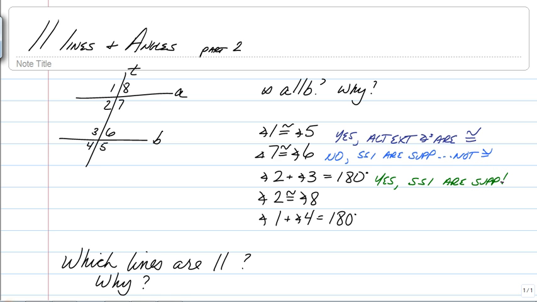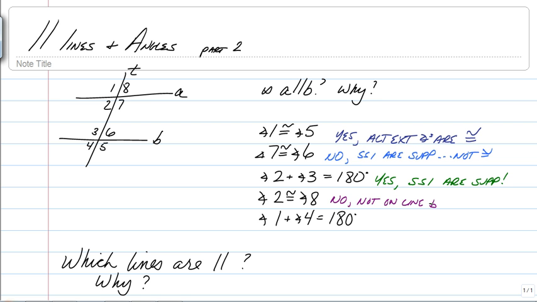Angle 2 is congruent to angle 8. Are A and B parallel? Well, the answer is no. They're not on line B. How can A be parallel to B if none of those angles are on line B?